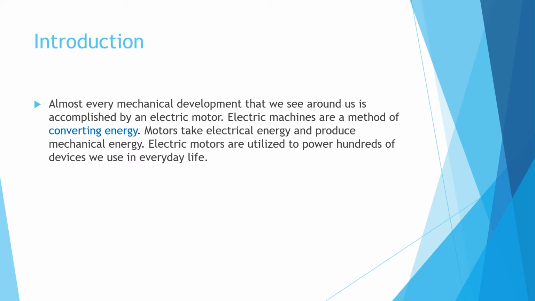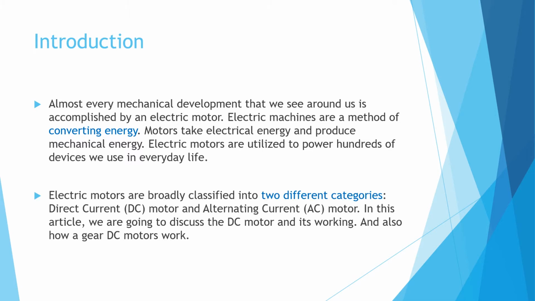Electric motors are utilized to power hundreds of devices we use in everyday life. Electric motors are broadly classified into two categories: DC motor, which is direct current, and alternating current motor.